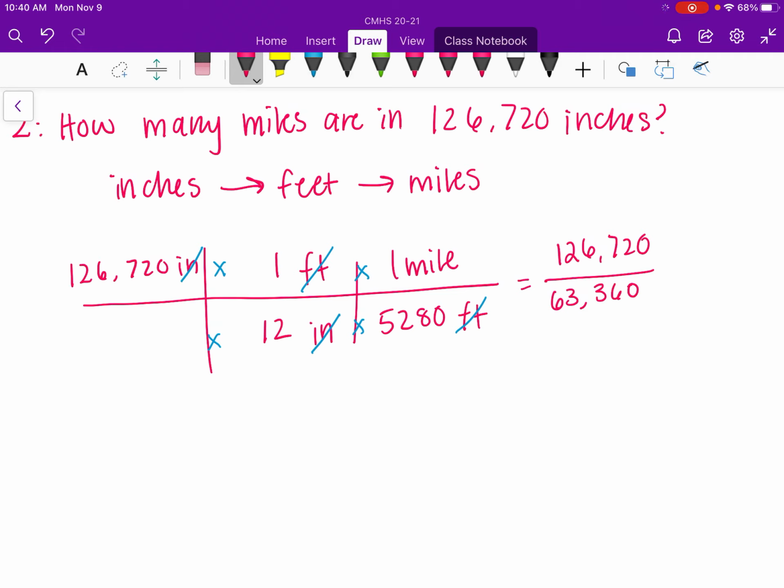Okay, so we multiplied across the top, multiplied across the bottom, and now we divide. If you divide that, you should get 2. So 2 miles. That many inches is 2 miles.